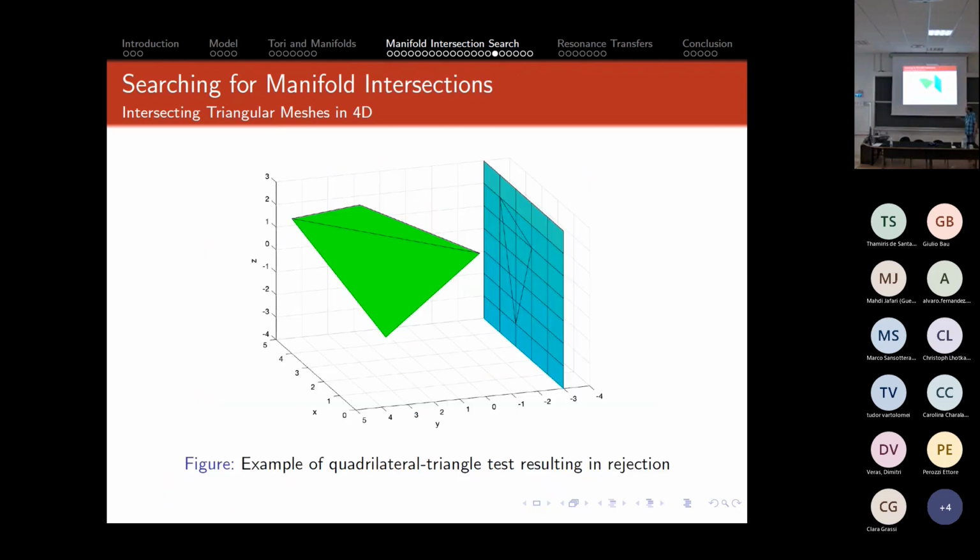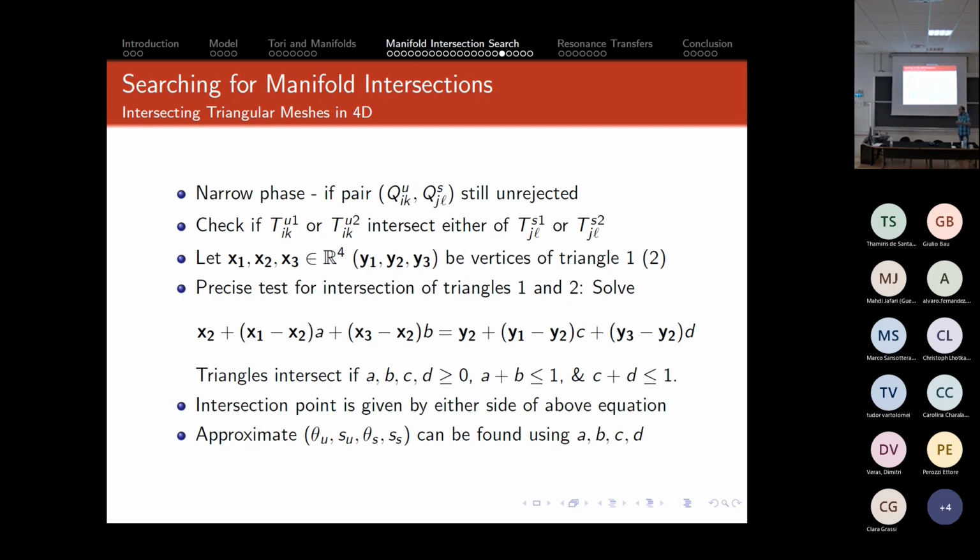So by just doing that, we can get rid of a whole bunch of other quadrilateral pairs. And this is a graphical representation of the situation again. And so now finally, usually these previous 3 steps of the broad phase get rid of something like 99% or even 99.9%, or even sometimes 100% of the quad pairs.